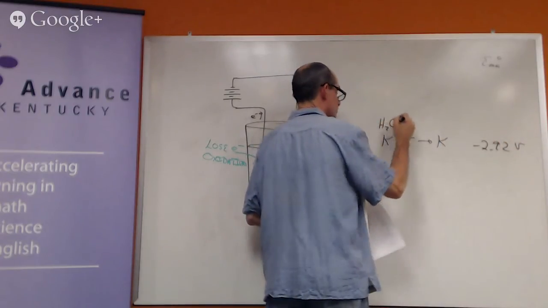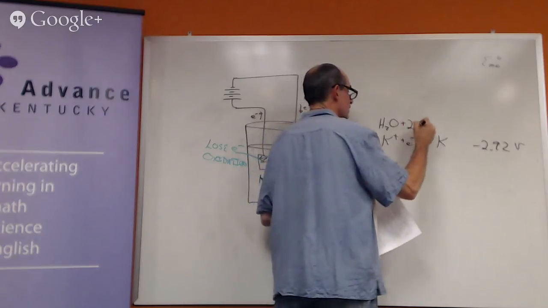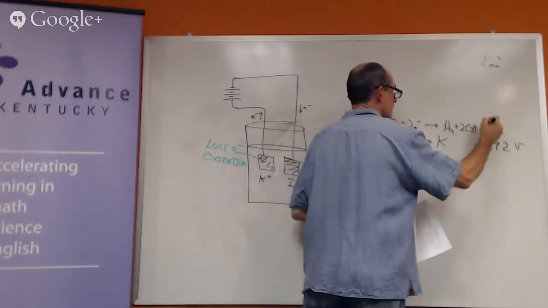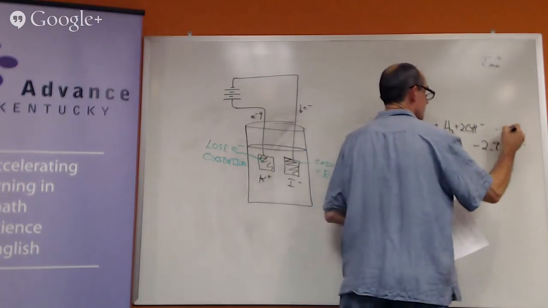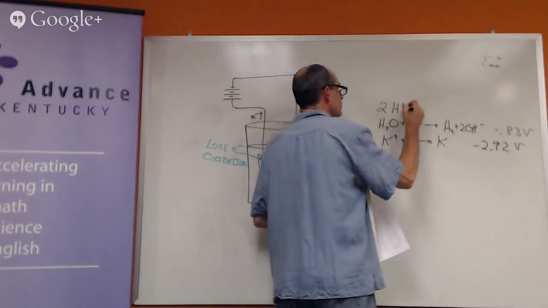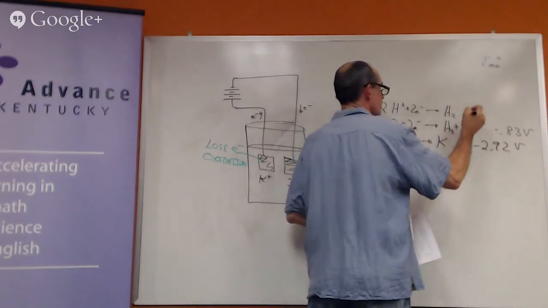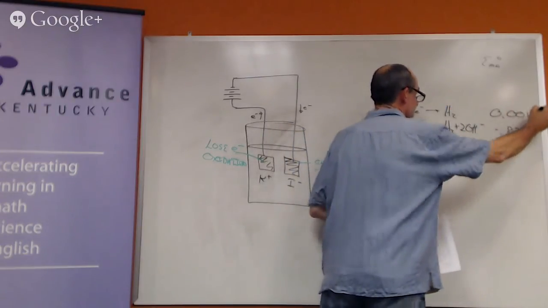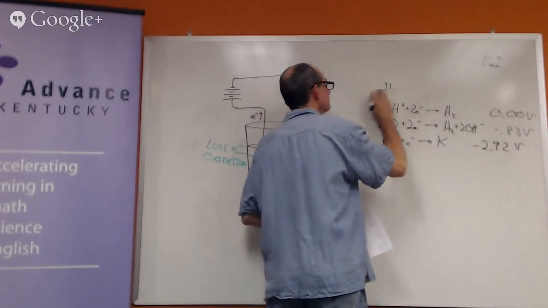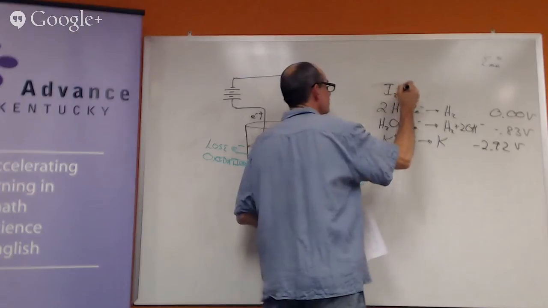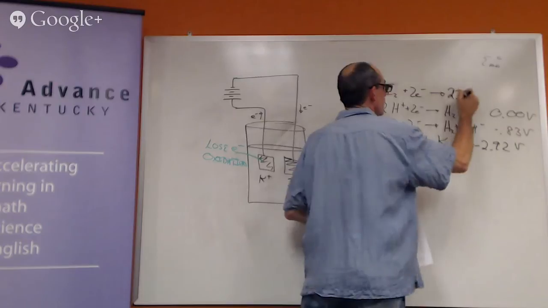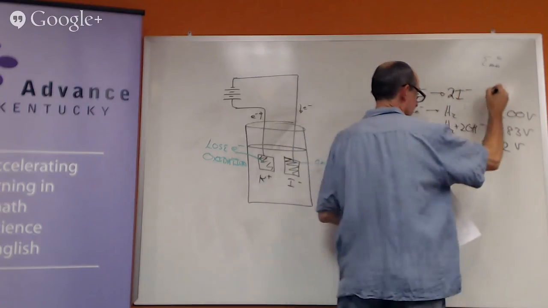We have H2O plus 2 electrons going to H2 plus 2 OH-, and our reduction potential there is negative 0.83 volts. We have 2H+ plus 2 electrons goes to H2, and that's an easy one: 0.00 volts. We have I2, iodine, plus 2 electrons going to 2 I-, and there we're at plus 0.54 volts.